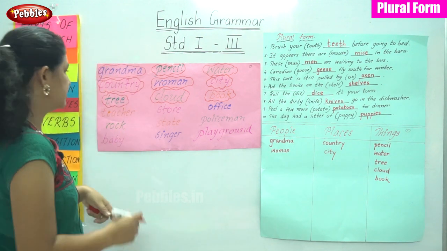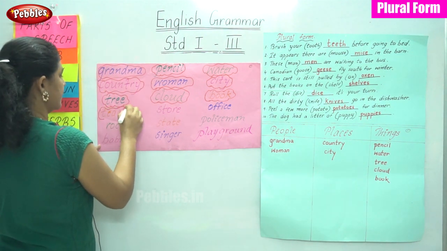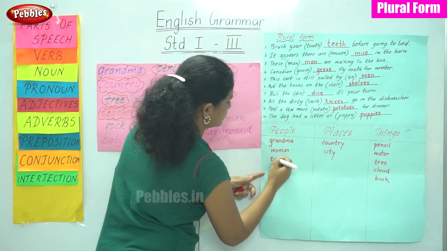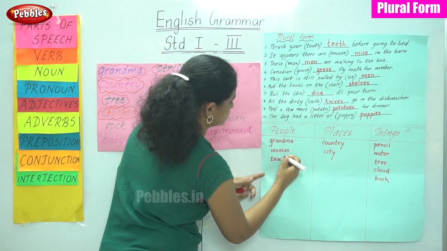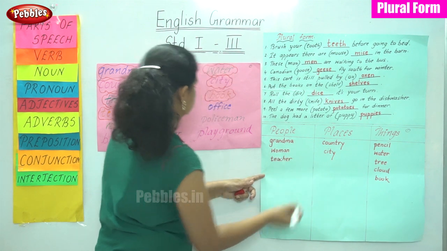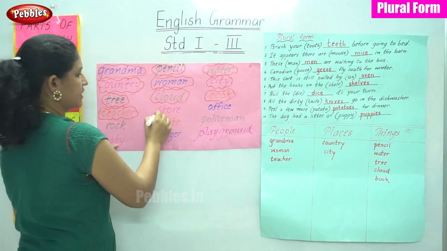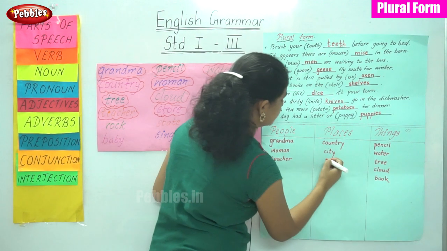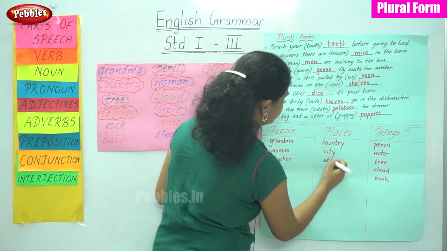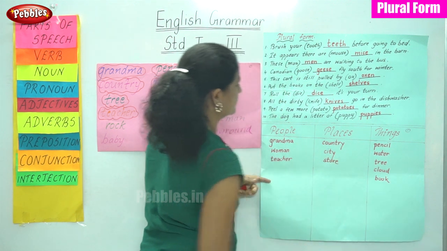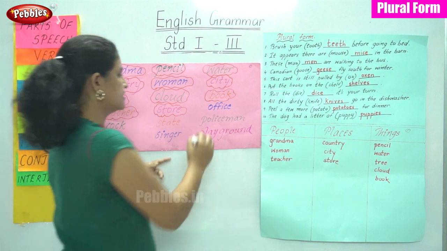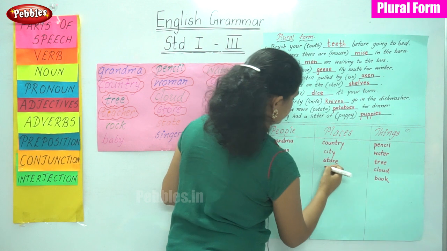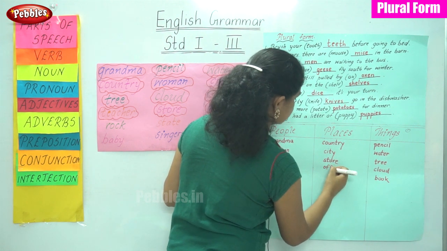The next word, teacher. Teacher is a common name for a person, so I write it under people. Next is store. Store is a place where you store things, so I write it under places. The next is office. Office again is the name of a place, so I write it under places.